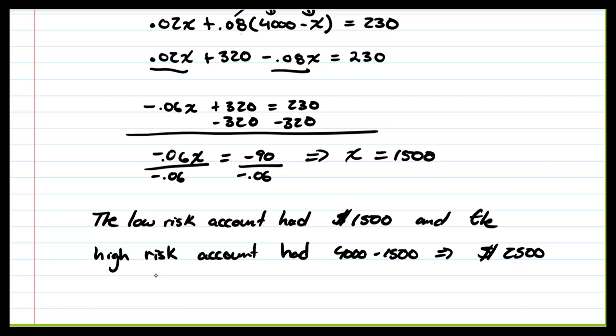So the amount in the low-risk account was 1,500, and the amount in the high-risk account was 2,500.